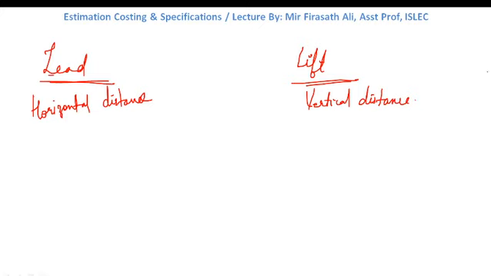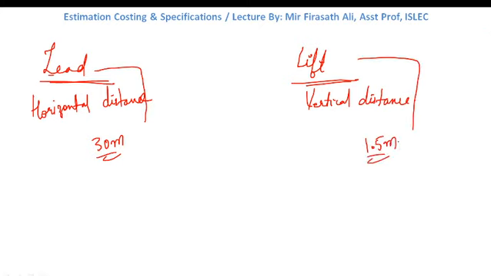Generally, we calculate lead at intervals of 30 meters, and lift we calculate for 1.5 meters. What does it mean? Suppose we have delivered material, this is our site.